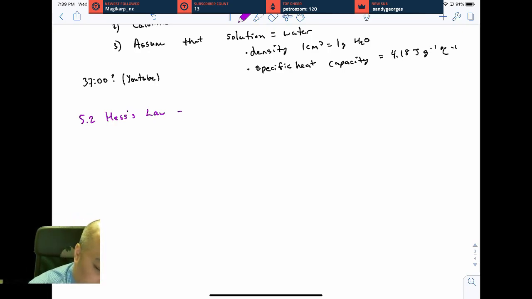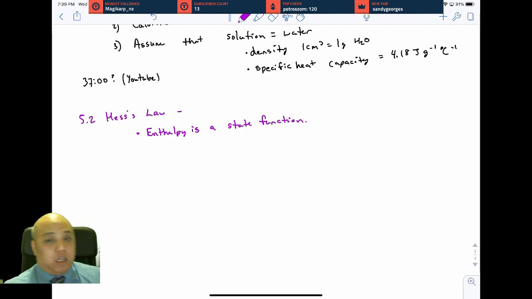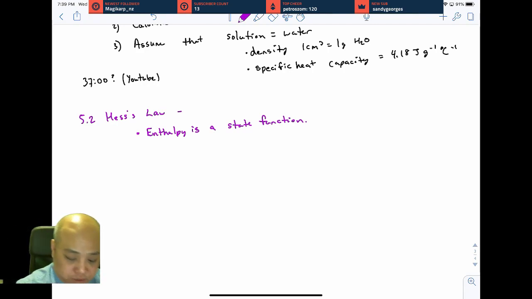It depends on the fact that enthalpy is a state function, meaning that all that matters is the initial and final points. That's all that matters. So state means only initial and final matter.